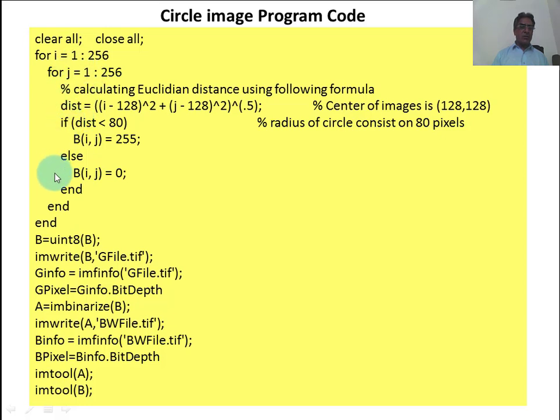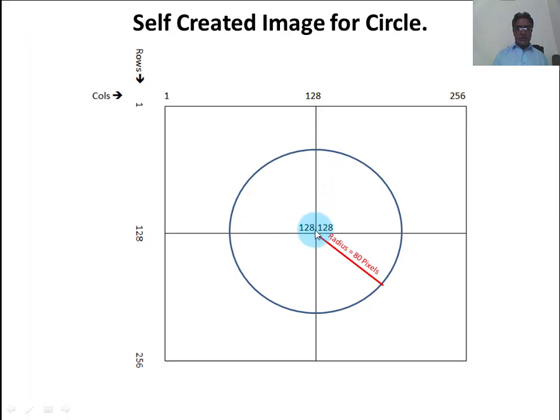In the internal for loop there is an if else statement, and also we are constructing the distance from center to the upper line of the image, distance from center to bottom line, distance from center to left, and distance from center to right line.